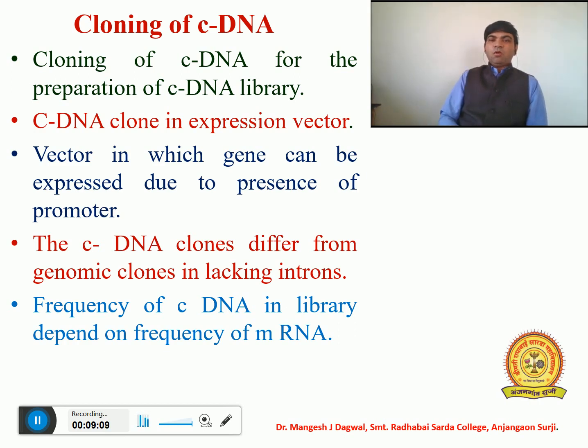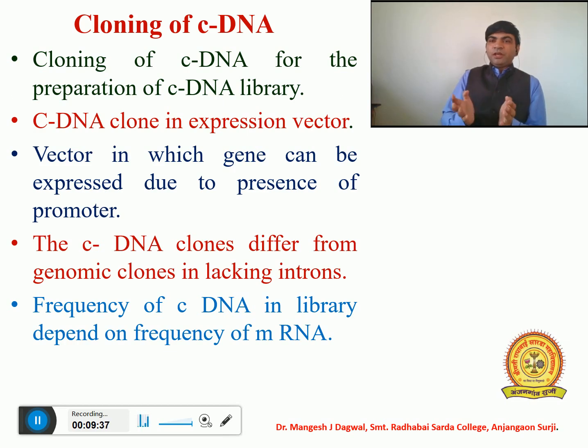Now the cDNA clones differ from the genomic clones in lacking the introns. Whatever the number of copies of the cDNA, which are called the cDNA clones, these differ from the genomic clones. How? In case of genomic clones, the introns remain, but in case of cDNA clones, there is a removal or lacking of the introns. Why is there a lacking of introns?